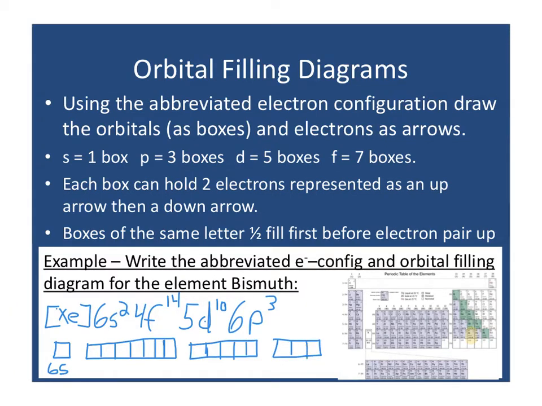And 3 p boxes. So I got 6s, 4f, 5d boxes, and the 6p boxes. All right. So I have my orbitals drawn in now.